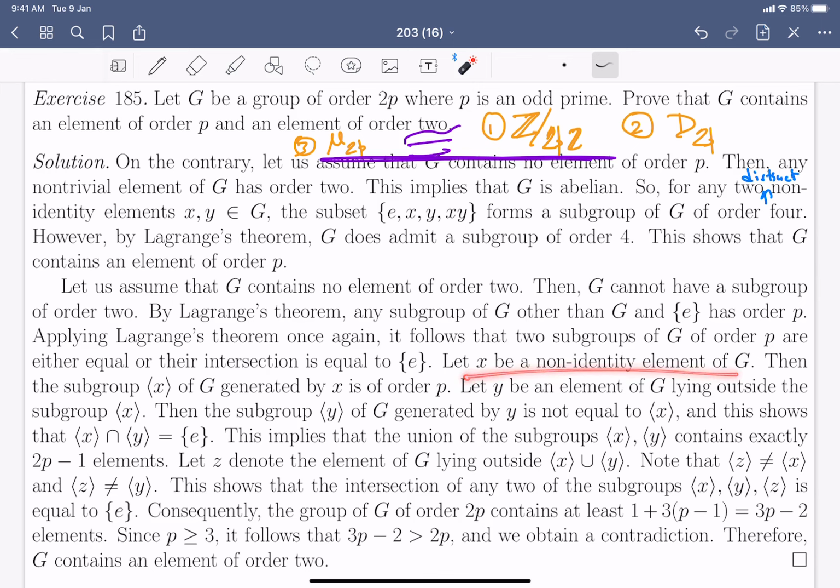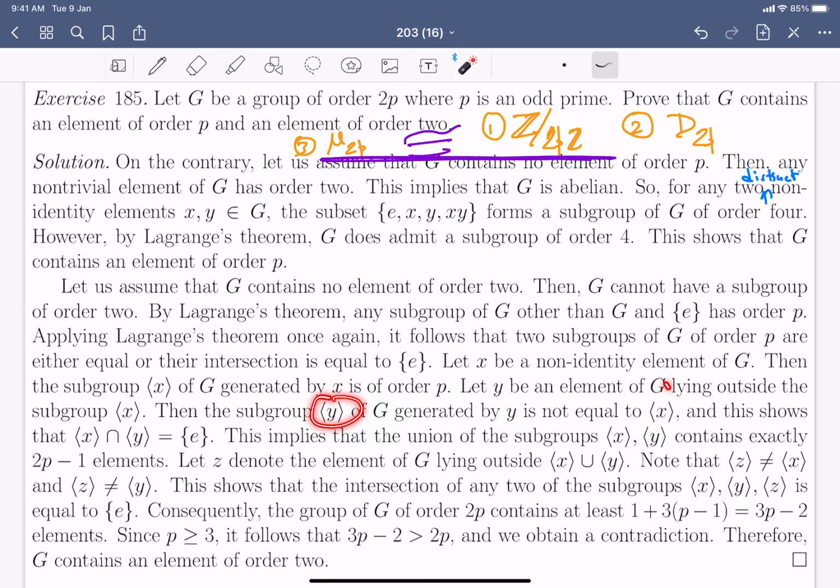So now if you start with a non-identity element X of G, then the subgroup of G generated by this element X has to have order P. Now pick an element Y of G that lies outside this subgroup. Note that one can pick such an element Y because this subgroup has order P and the ambient group has order 2P, which is larger than P. Now if you look at the subgroup generated by Y, this is not equal to X, right?